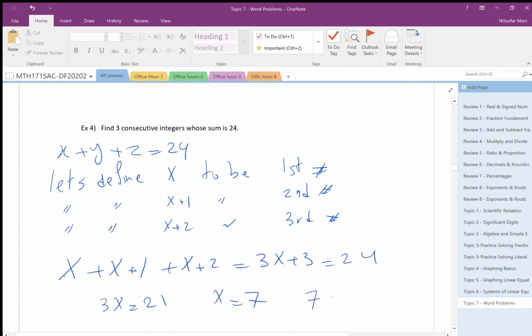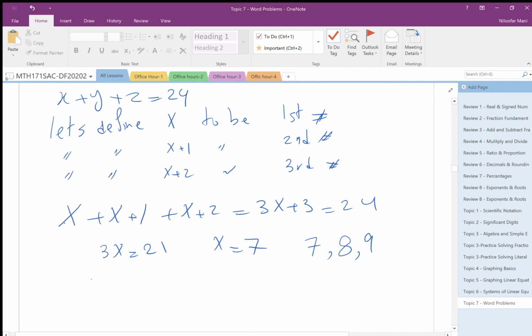So 7, 8, and 9 are the three numbers whose summation is 24. And I can check: 7 plus 8 is 15, plus 9 is 24. Yes, that's right. So these are the numbers that I am looking for.